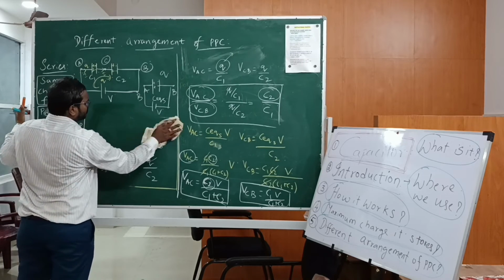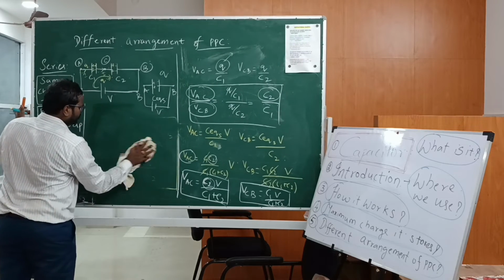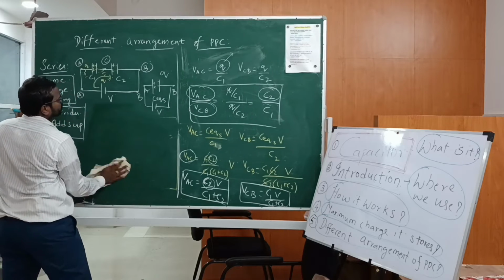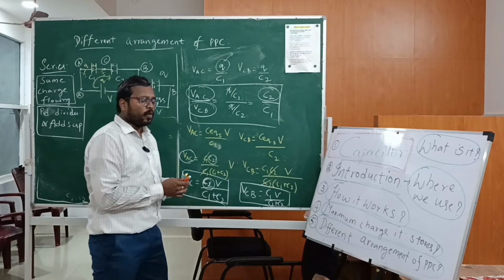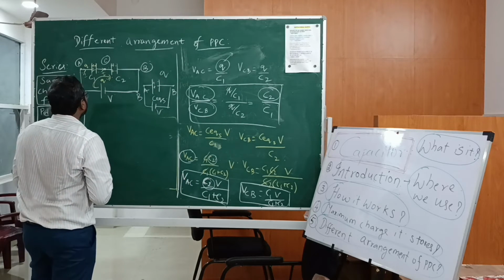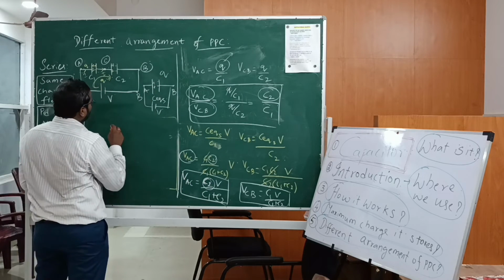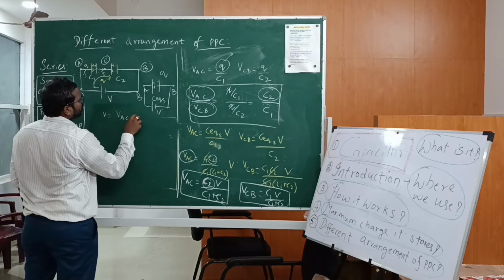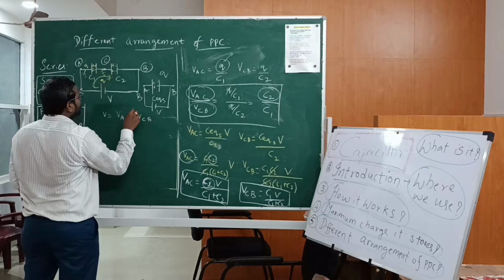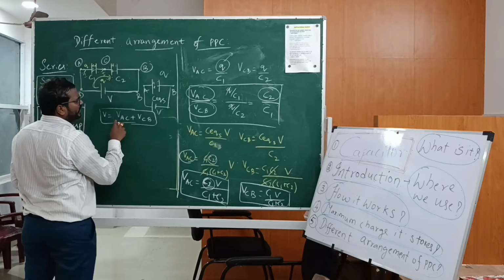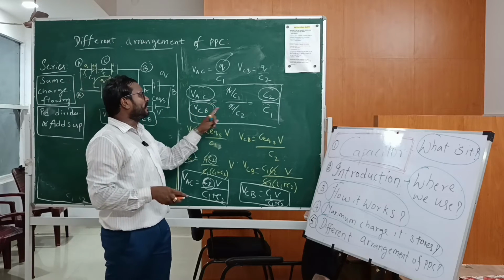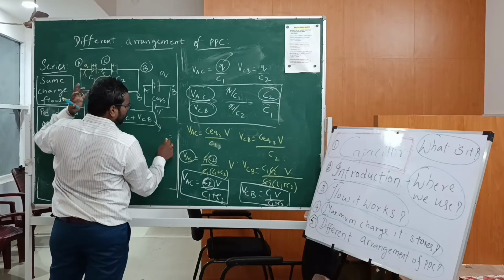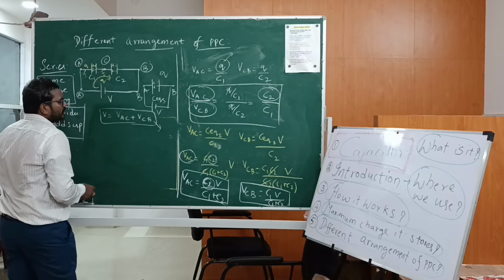So whatever is the total voltage here, V is equal to VAC plus VCB. From this also we can find the relation between VAC and VCB.